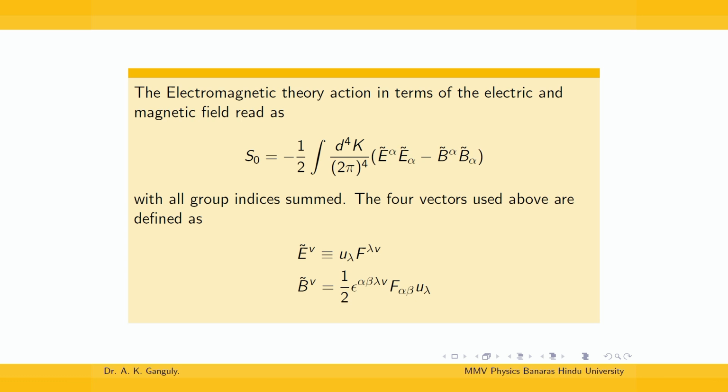the theory of electromagnetism, once it is introduced, is introduced in terms of electric and magnetic field vectors, and the action in the momentum space is given by what we are seeing in the slide. It is written as S naught.